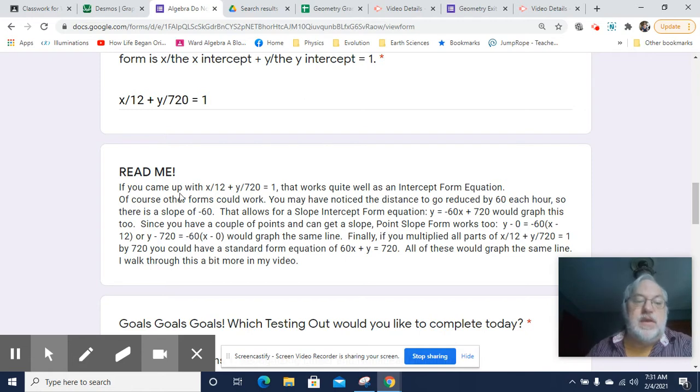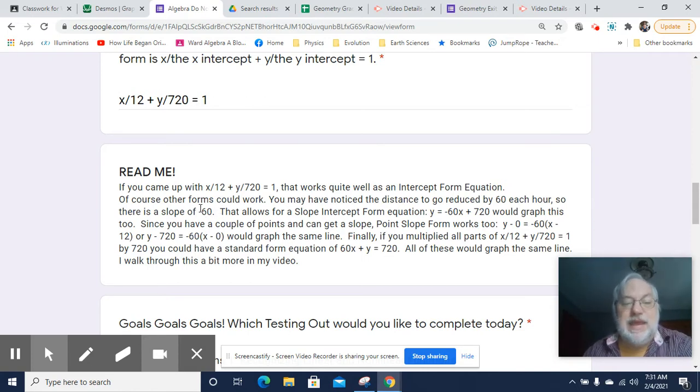So if you came up with x over 12 plus y over 720 equals 1, that works well as the intercept form. Of course, other forms could work. So I've laid out here that since you may have noticed the distance is going to be reduced by 60 each hour, you could have a slope of negative 60. That essentially means you're going 60 miles an hour towards the 0 point.